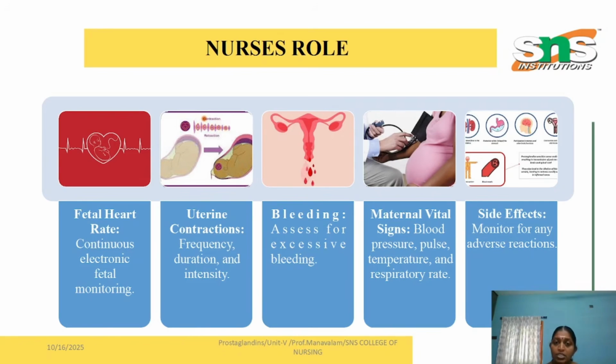We have to assess for any excessive bleeding vaginally. Monitoring of the maternal vital signs is very important, because any changes occurring in the respiratory, hepatic, renal or cardiac function can be known by monitoring the vital signs, especially blood pressure, pulse, temperature and respiratory rate.